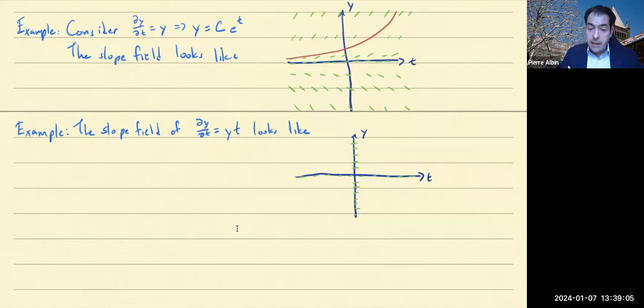right? If y and t are both equal to each other, then we get y squared. So on the diagonal, the slopes grow with the height, right? So we'd have a small slope, and then a larger slope, and then a larger slope, right?